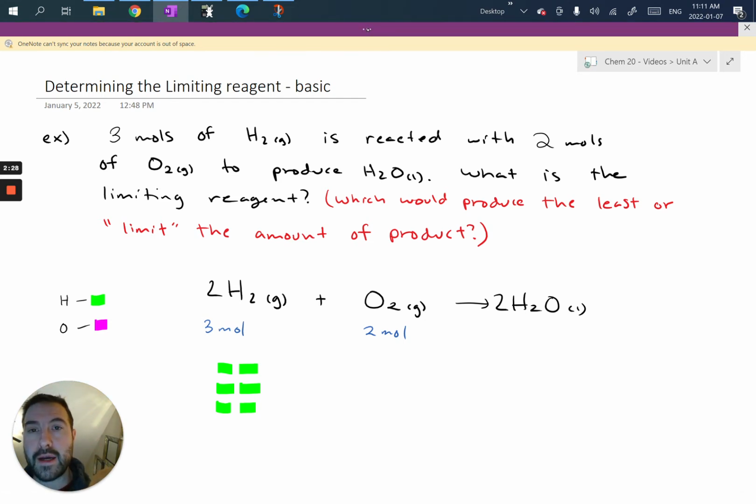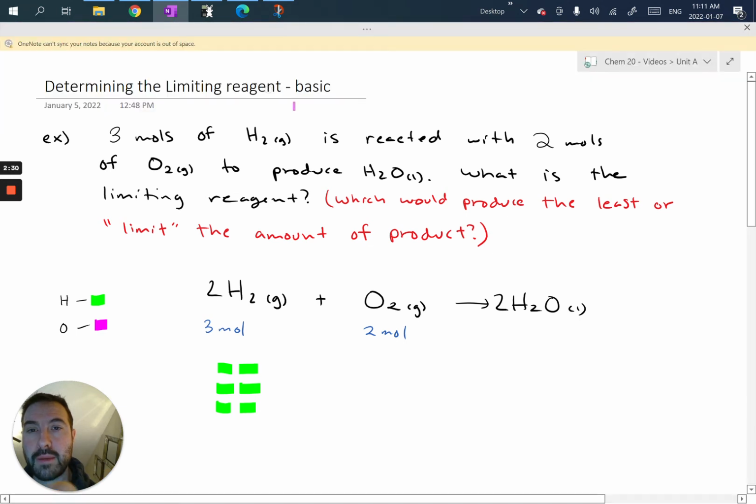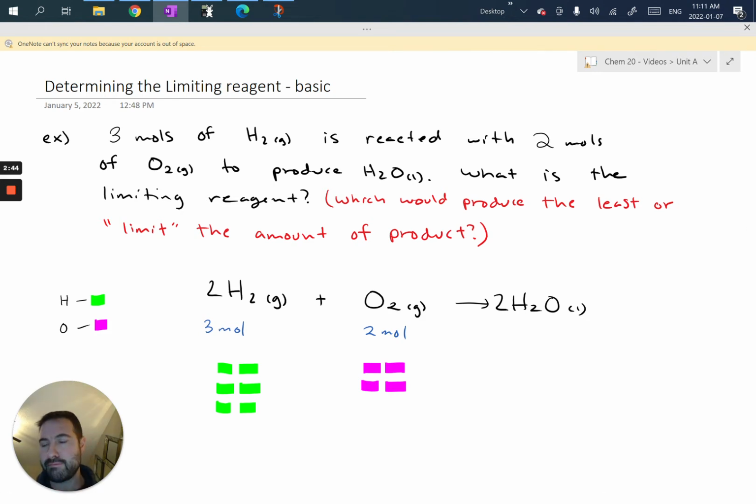And then I have, get my pink, 2 moles or 2 helpings of O2. So I have 1 O2, 2 O2s. So I have 4 oxygen atoms that I'm going to react here, or I guess I shouldn't call them atoms, but you get the picture. I've got this many moles.